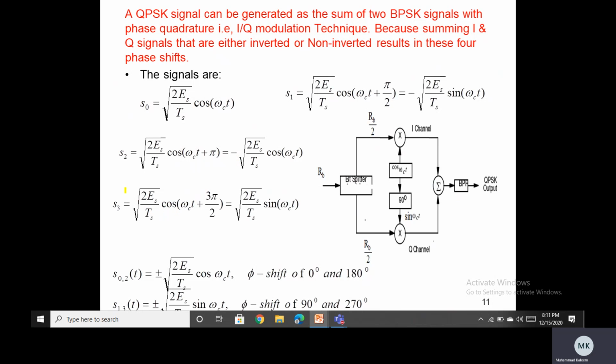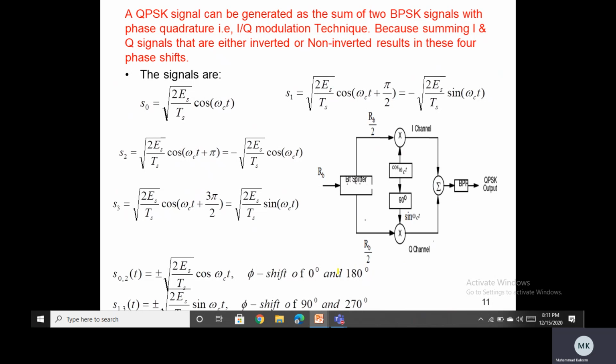And the fourth symbol, which is represented as S3, is again pi by 2 shifted from the last symbol. So this is 3 pi by 2, and in sine form it can be represented as square root of 2ES over TS.